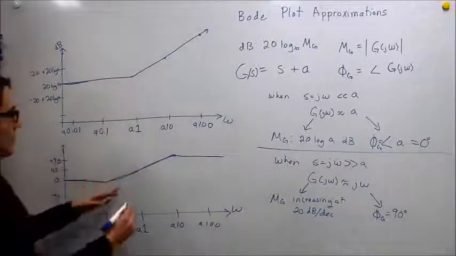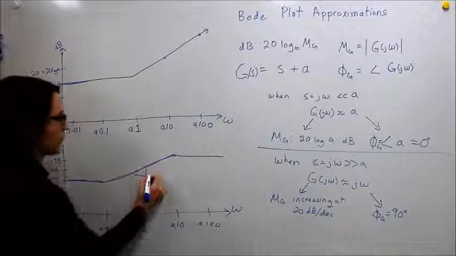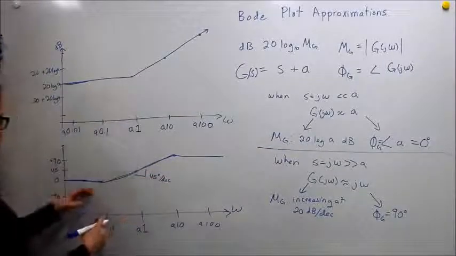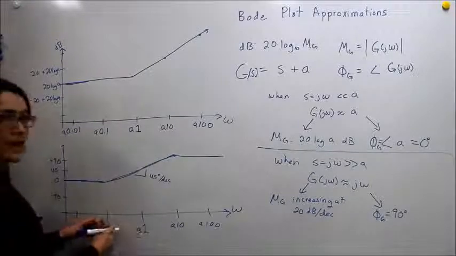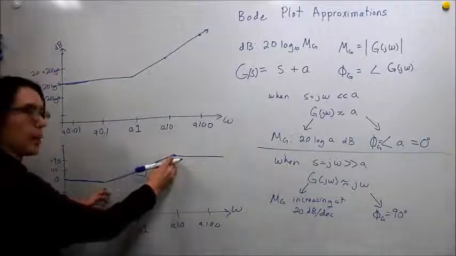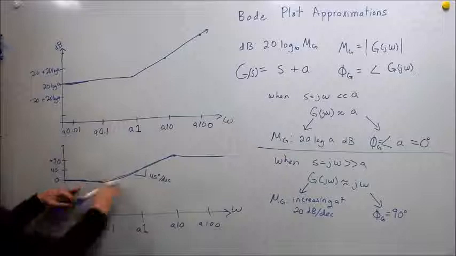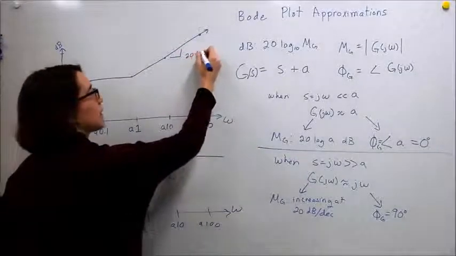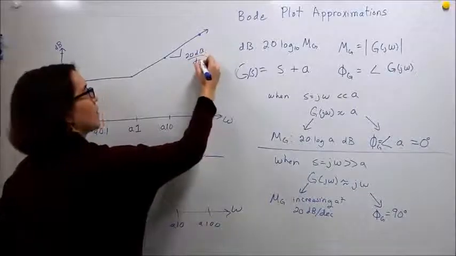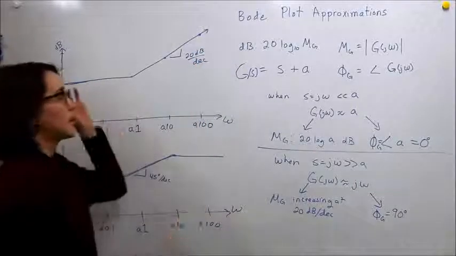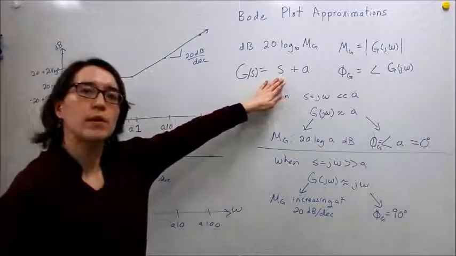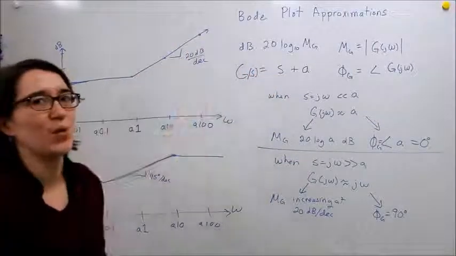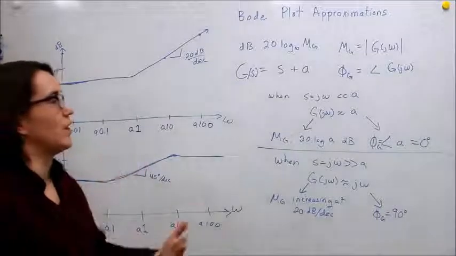So this will be approximately increasing at 45 degrees per decade. To go from 0 to 90, we go 1 decade below and 1 decade above, and that would be our approximate line from 0 to 90. And then here we know that we're increasing at 20 dB per decade because the s dominates as we go to infinity.